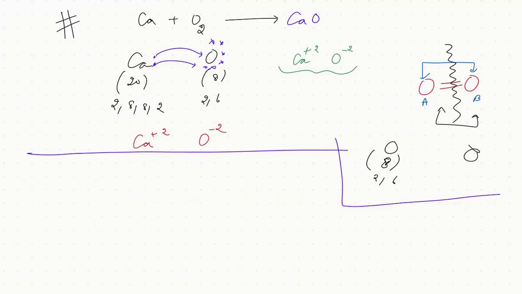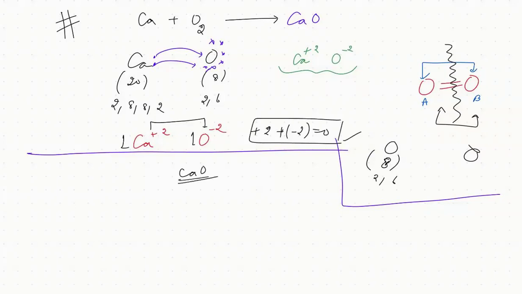Now you understand that one calcium plus 2 and one oxygen minus 2 are self-sufficient for each other, because if I add the charges plus 2 and minus 2, the overall charge becomes 0. So it would become calcium oxide.